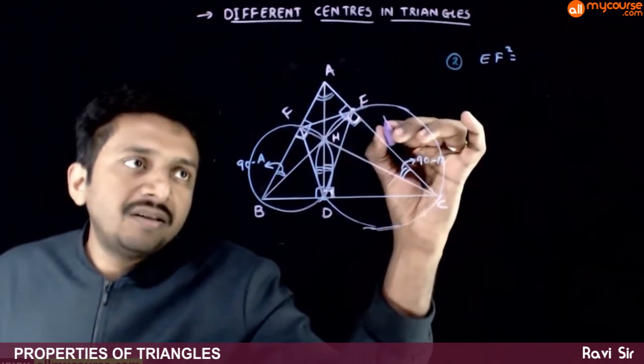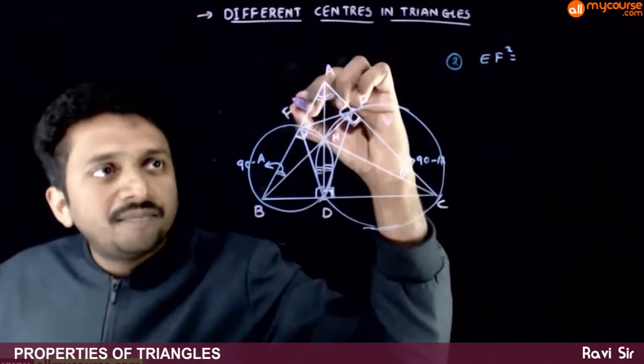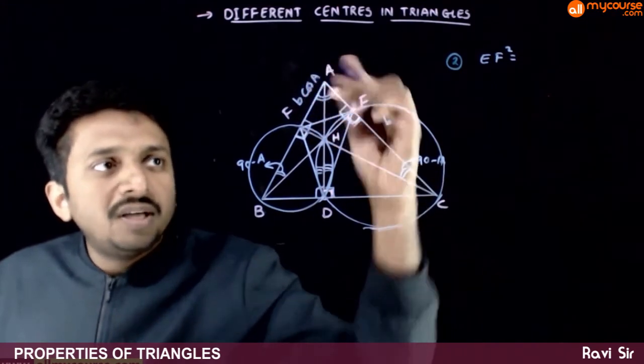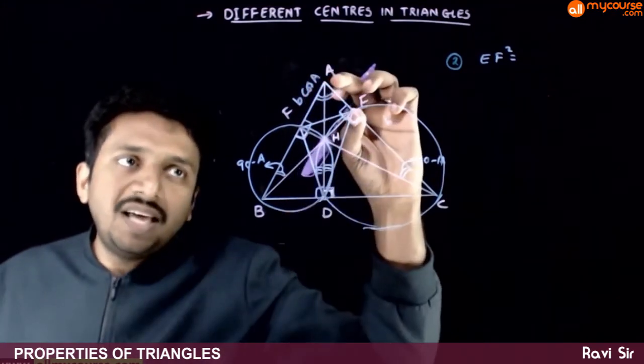And what is AF? AF is nothing but b cos A, from the projection rule. And what is AE?